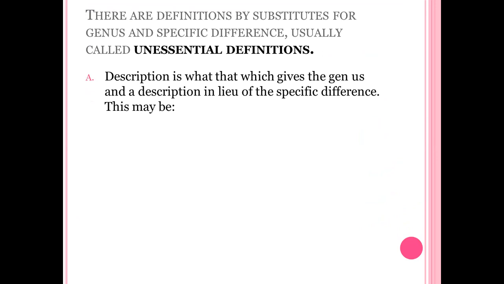This may be a description of properties. For example, comedy means a drama of light and amusing character and typically with a happy ending. The genus is drama and the properties are of light and amusing character and typically with a happy ending.